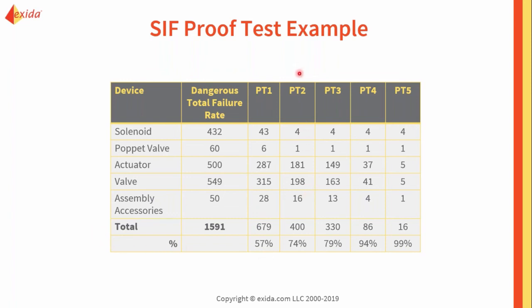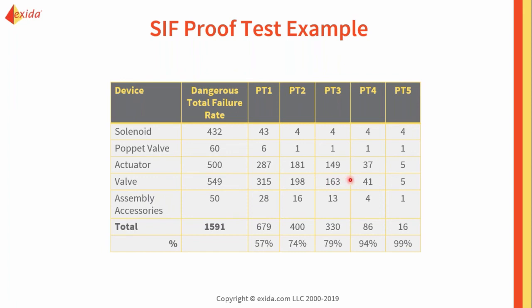Proof test 2 was that full valve stroke test, that 100% opening and closing. As you can see, it found more, but there's still a lot lurking there. Proof test 3 is that full valve stroke test at operating conditions. That's going to take another jump lower.